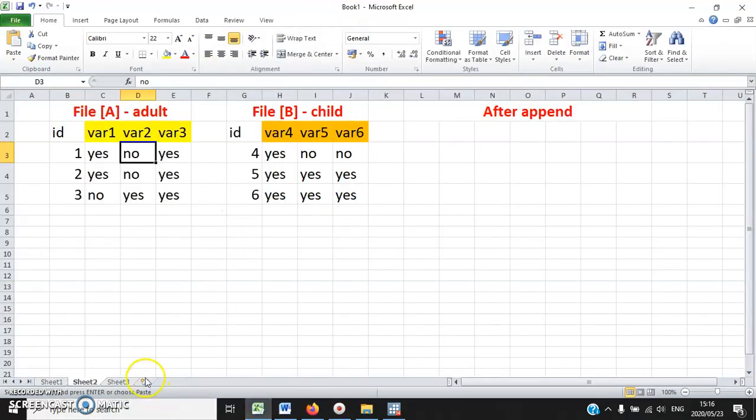So for the append, it would look something like that. File A, the adult file, has information on the 3 variables, 3 adults, IDs 1, 2, and 3, and then the child file has information on 3 variables, IDs 4, 5, and 6, and they are kids.